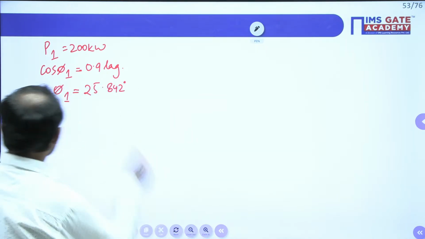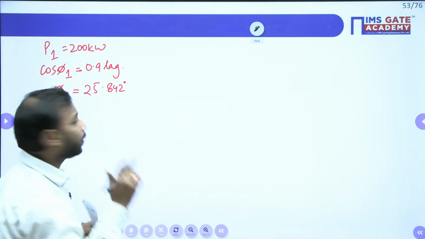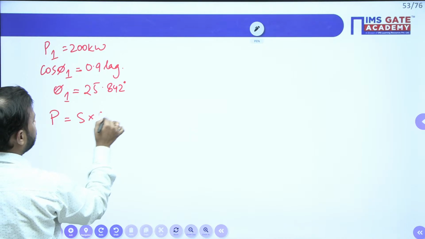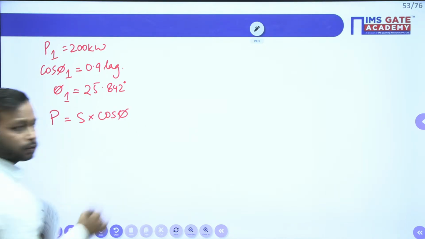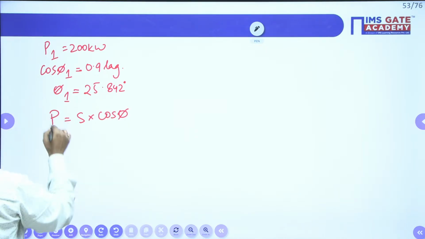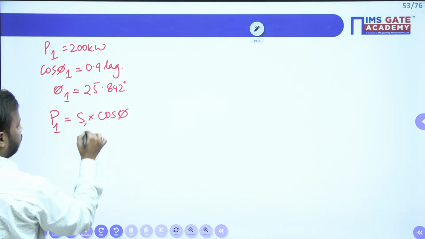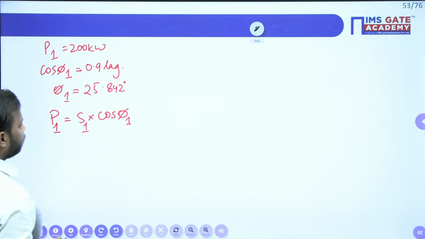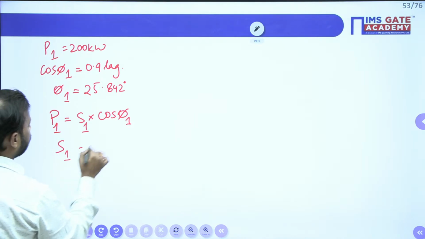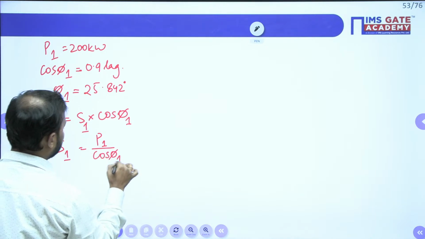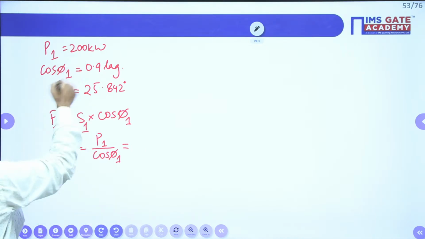Done. So here look at everybody. This P is what? S into cos phi, na? S into cos phi. But for machine 1, let me take the subscript 1, S1, phi 1. So can I say S1 is equal to P1 by cos phi 1. We have the P1 value and cos phi 1 value.